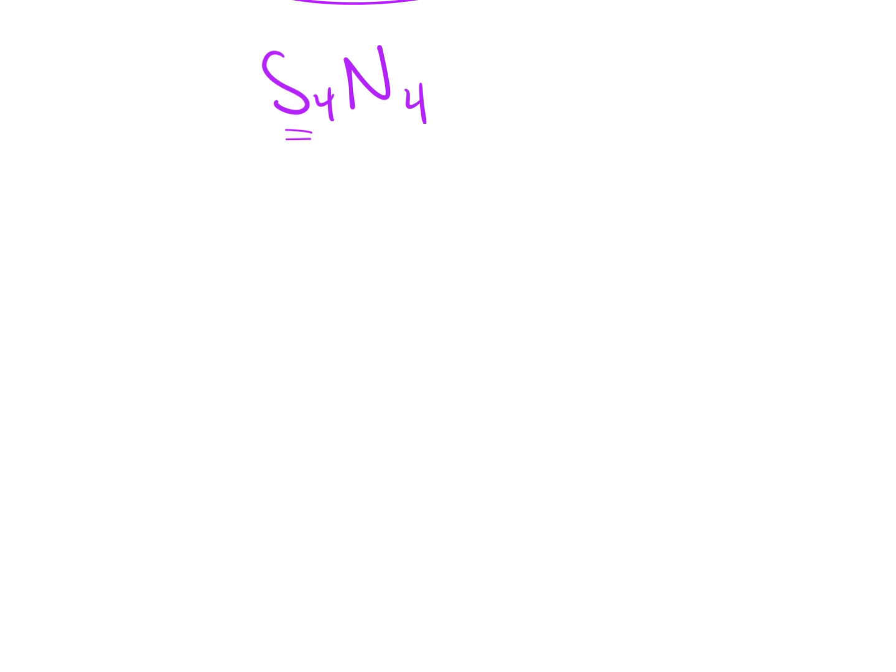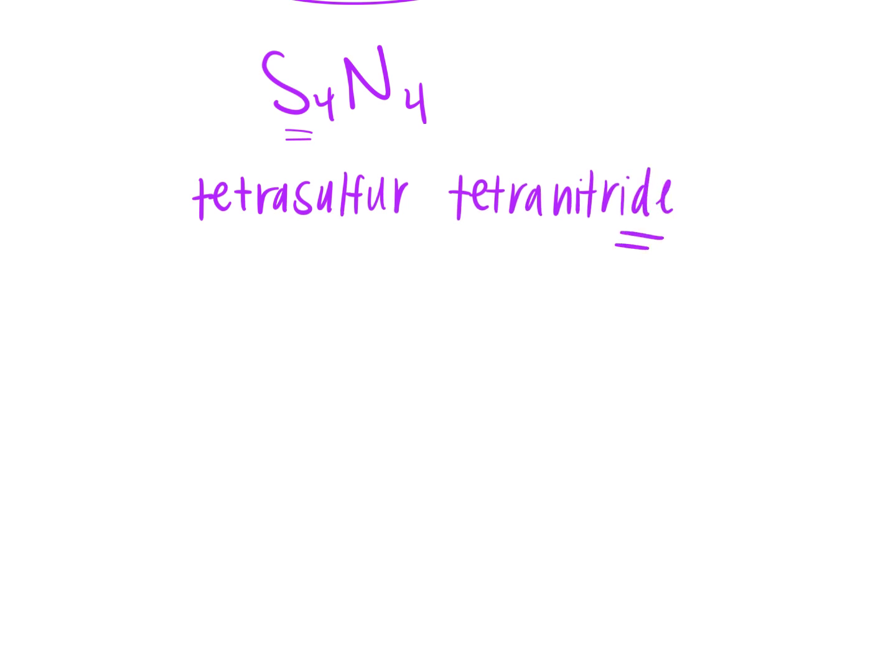It does, because there's more than one sulfur. The rule is it gets a prefix if there is more than one of it. So it would be tetrasulfur tetranitride, and it ends in -ide. Tetrasulfur tetranitride. Are we in agreement there? Do we see how that works?